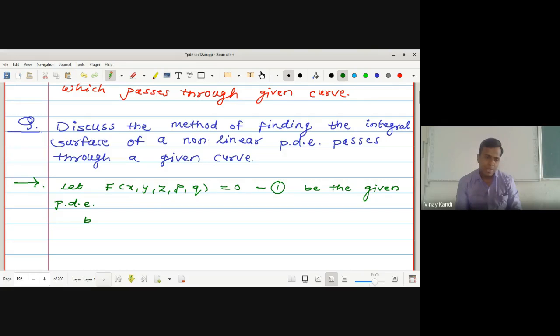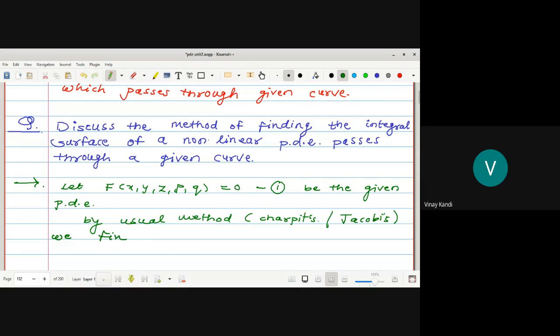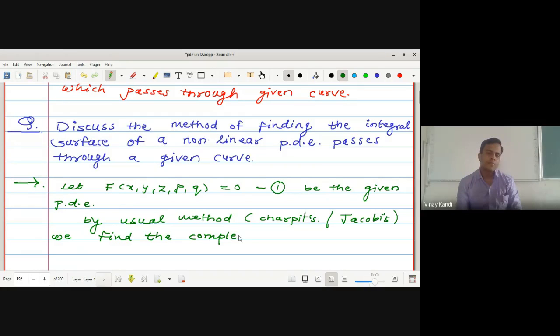So by the usual method, that is by Charpit's method or Jacobi's method, we know how to find the complete integral of the given differential equation. We find the complete integral of equation 1.